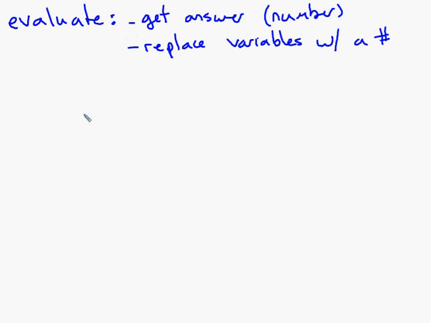That's evaluating. So, for example, I might have something like this. 3x squared minus 2x plus 5. And I might say evaluate that if x equals 2.